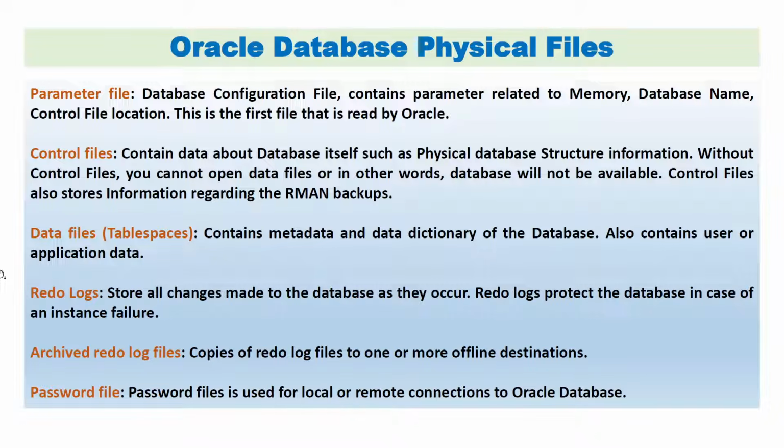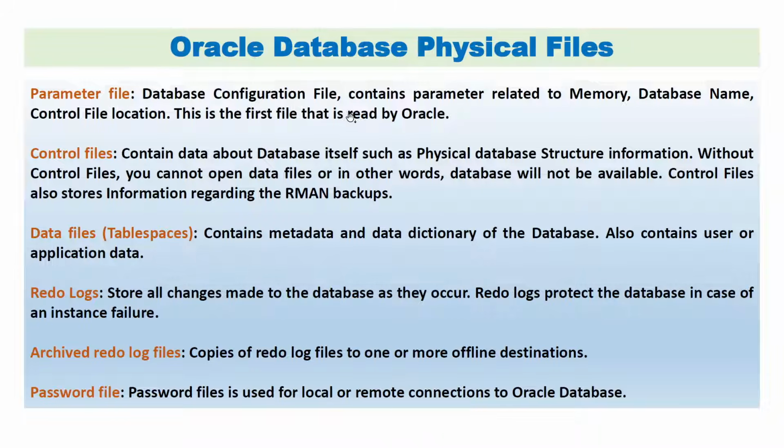Before I proceed, let me explain the Oracle database physical files. An Oracle database consists of the parameter file, control files, data files, redo logs, archive redo log files, and password file. The parameter file is a database configuration file, and it contains parameters related to memory, database name, and control file location.